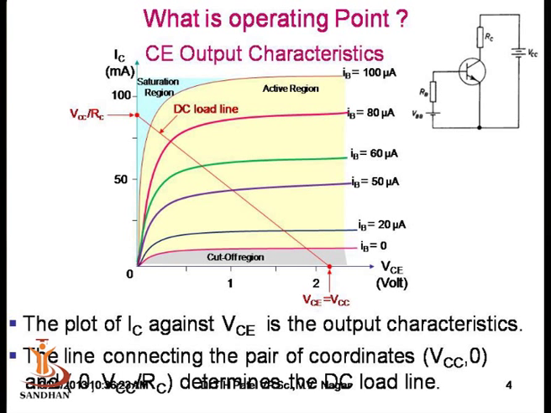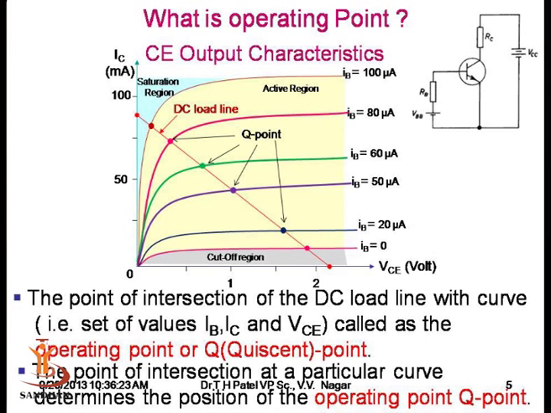As we know, when we bias the transistor, the output characteristics are split into three parts: the cutoff region, the saturation region, and the active region. Now the DC load line, as we see in the graph, intersects the characteristics curve at a particular point. This intersection point of a particular characteristic and the DC load line is known as the operating point.